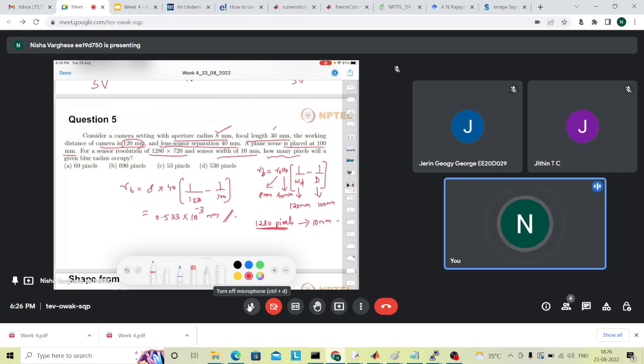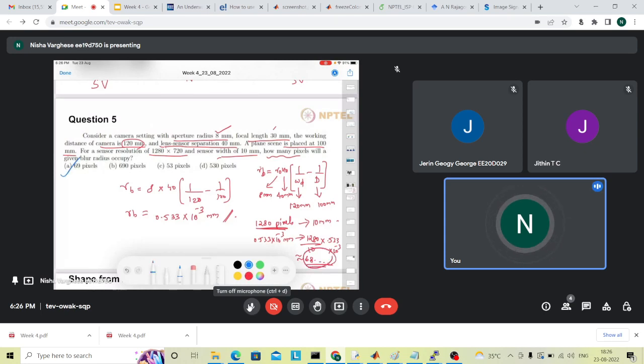We have to convert this R_D into pixels. So 0.533 into 10 raised to minus 3 millimeter becomes how many pixels? 1280 divided by 10, into this value, 0.533 into 10 raised to minus 3. You'll get around 68 point something, so the answer will be 69 pixels.